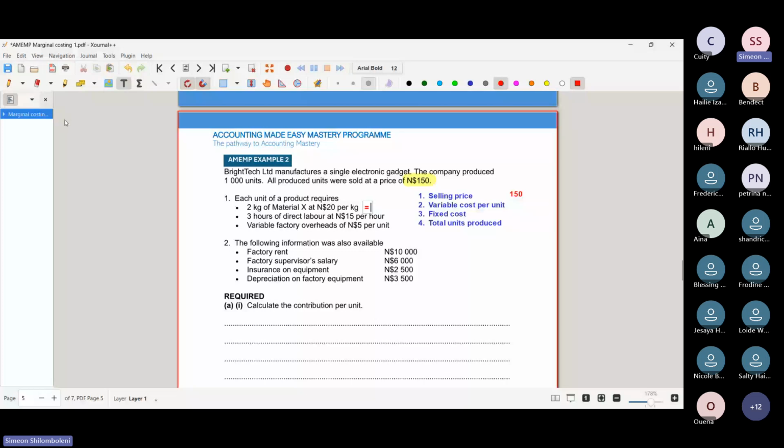When you are manufacturing a product, you need your materials, which we call direct materials. And according to this question, it says you need 2 kgs of that material, and each kg is $20. So to make this product, one product, you need $40.